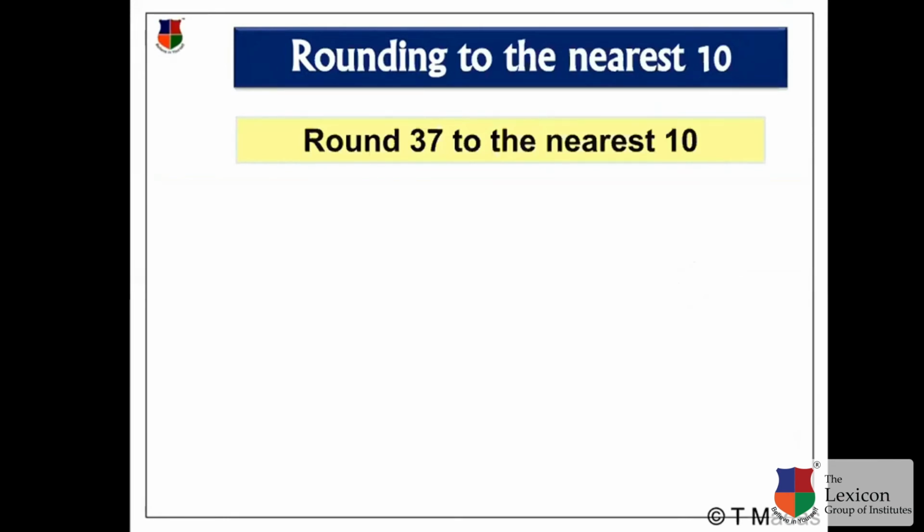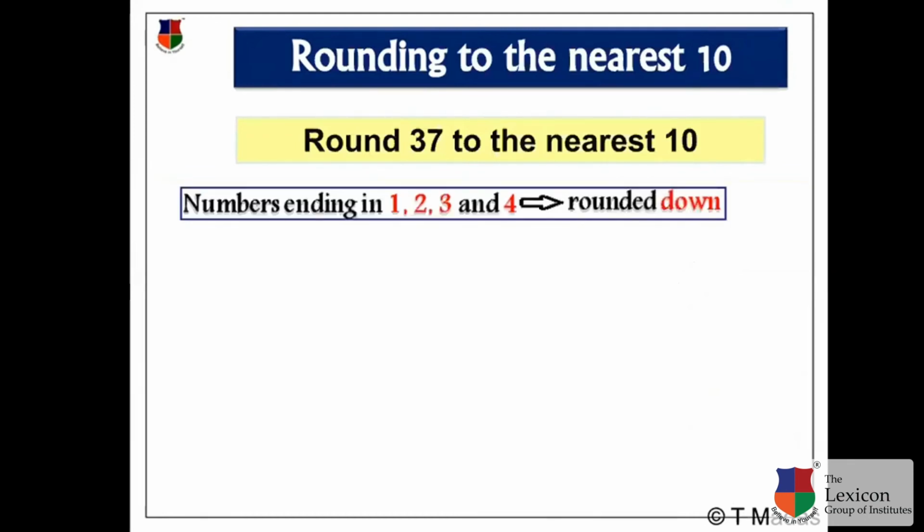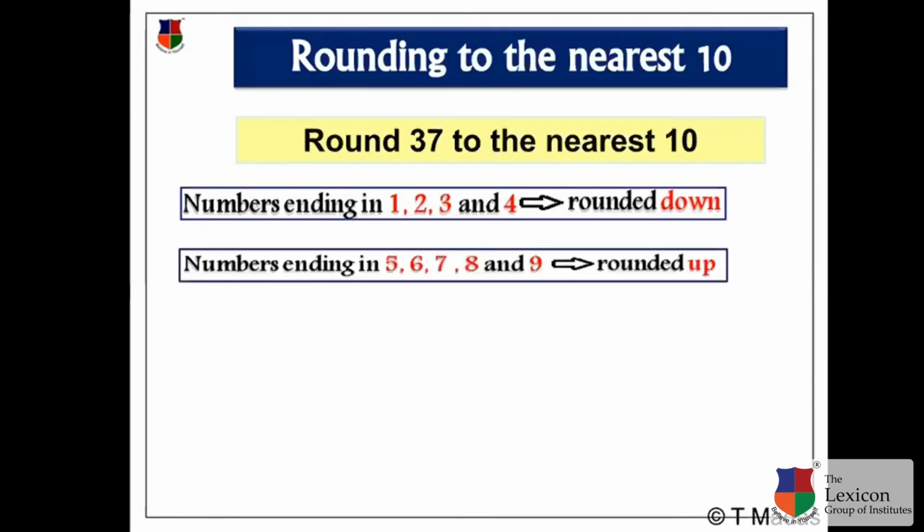Now first look at this, rounding off to the nearest tens. Okay, now round off 37 to the nearest tens. For that, the numbers ending in ones digits 1, 2, 3, 4 are rounded down, while the numbers ending in 5, 6, 7, 8 and 9 will be rounded up. So they are telling us to round to the nearest tens.